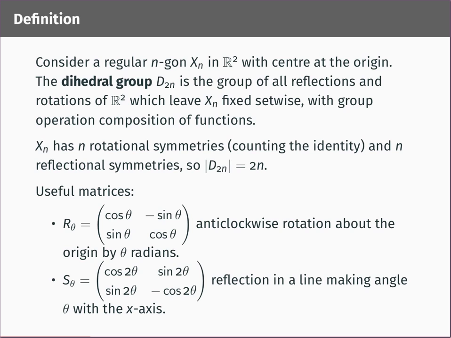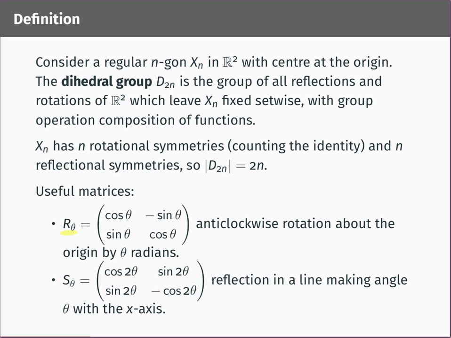To make this dihedral group a little bit more concrete, it helps to think about these rotations and reflections as the linear maps which they are, because that means you can represent them using matrices with respect to the standard basis. At the bottom of the slide here, I've copied some of the useful standard matrices for rotations and reflections.